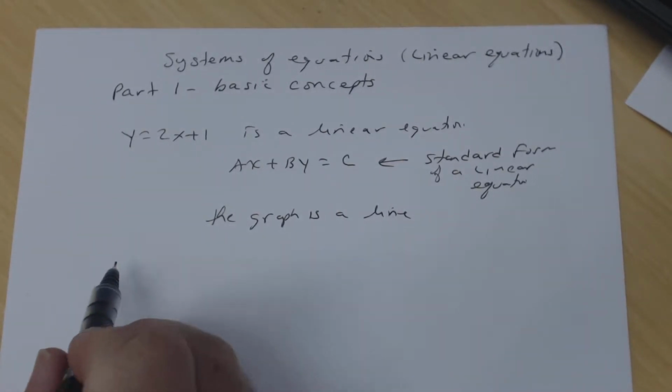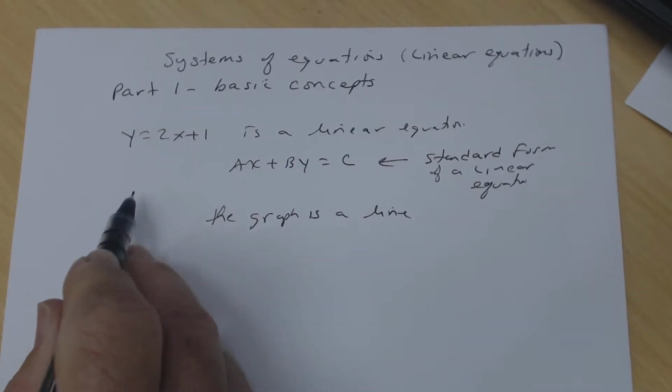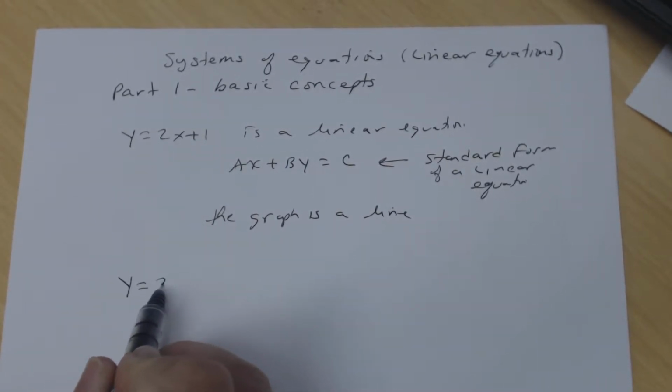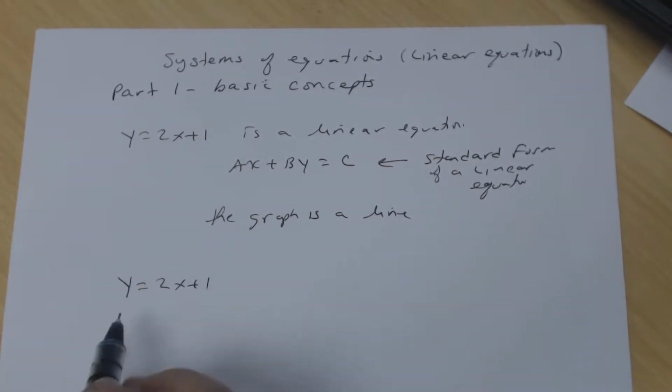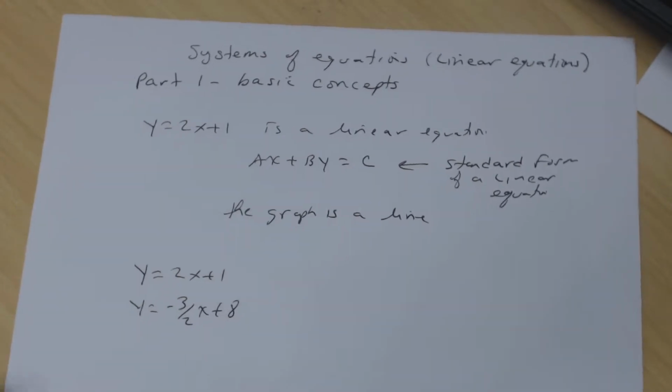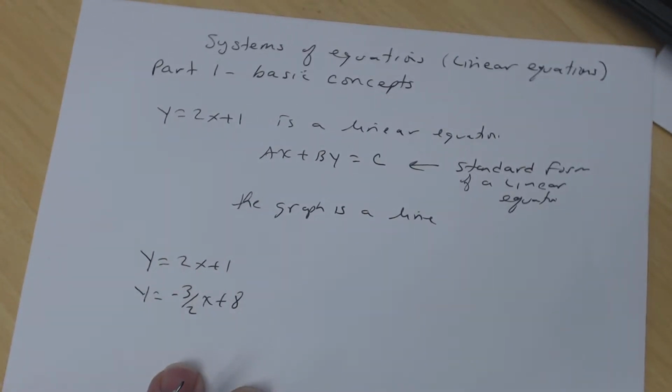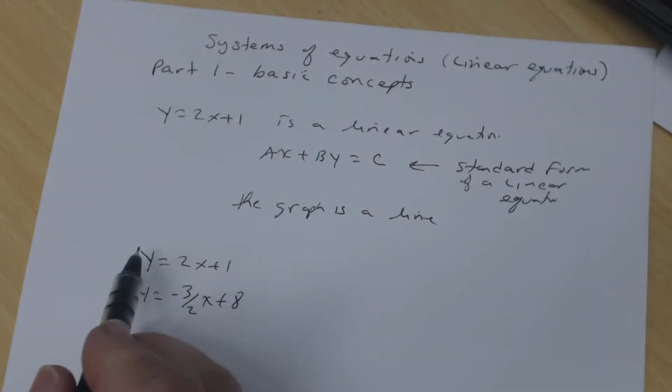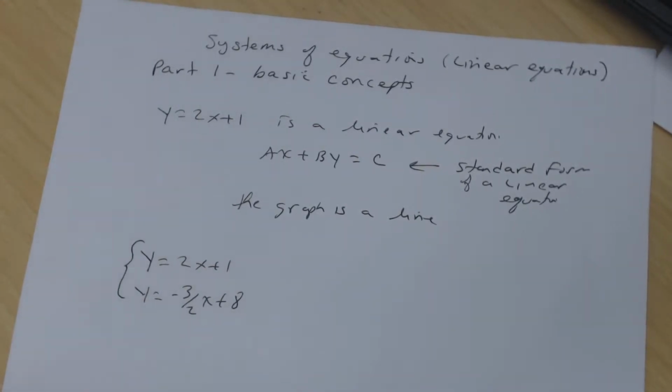Now, let's say you have two linear equations, and let's say the other one is y equals negative 3 halves x plus 8. When you look at these two linear equations together, normally we'll denote it with a brace that looks like this.